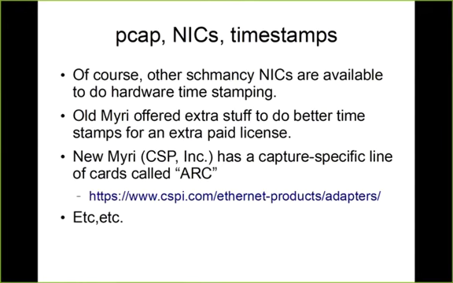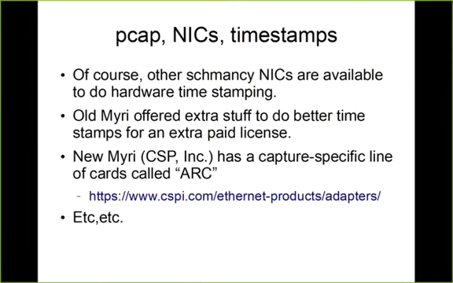I've seen many other NICs that are capture optimized, but the old Myricom, which many of us have because it was one of the 10 gig NICs that was available at a reasonable price 10 years ago, offered extra stuff that you could license from them and do better timestamping and more capture stuff.